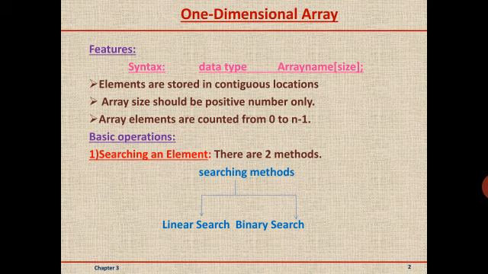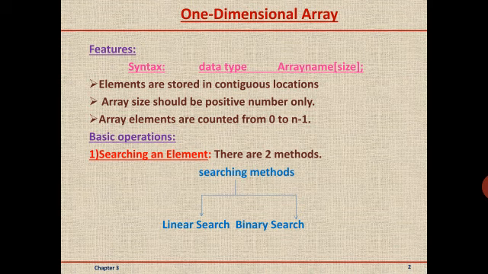In the non-primitive data structure, we learn three different data structures, that is arrays, list and files. In today's class, we learn in detail about the arrays. As we know, array is a collection of homogeneous elements with a unique name, and elements are arranged one after another.